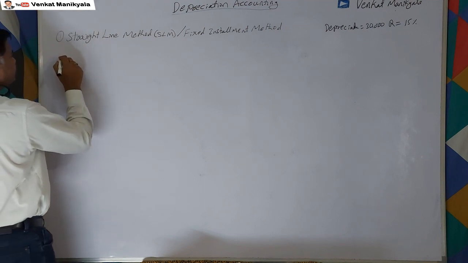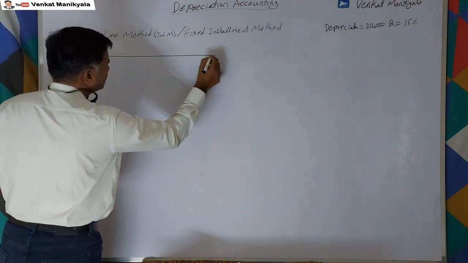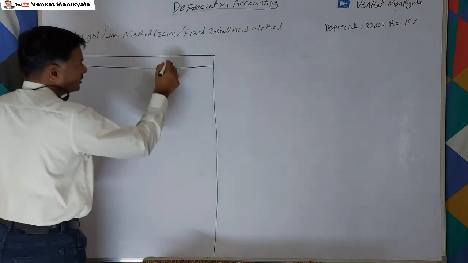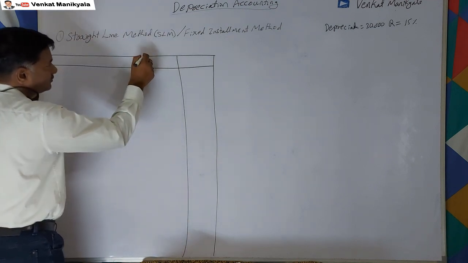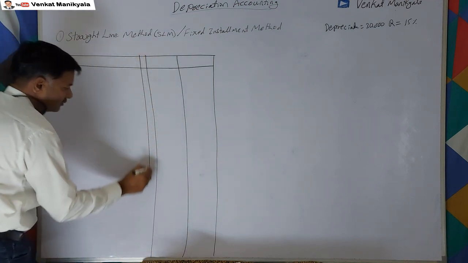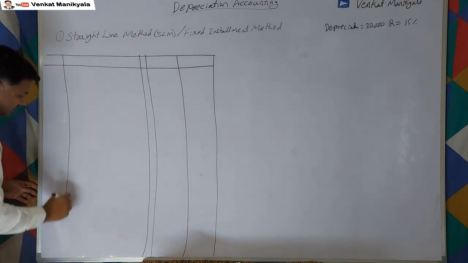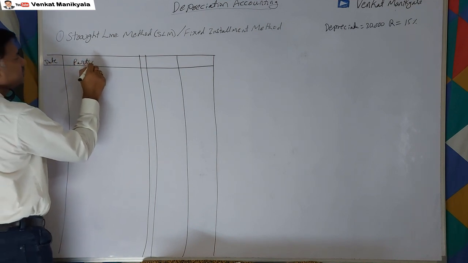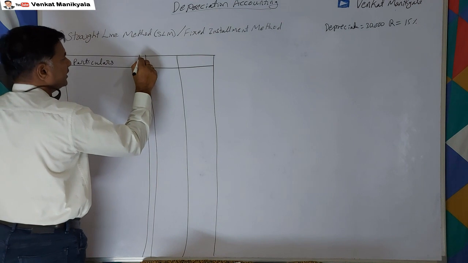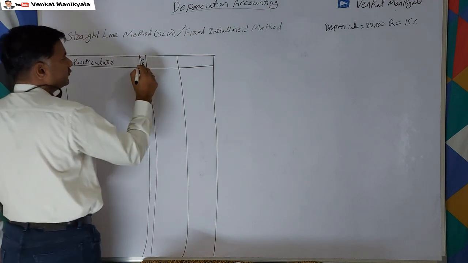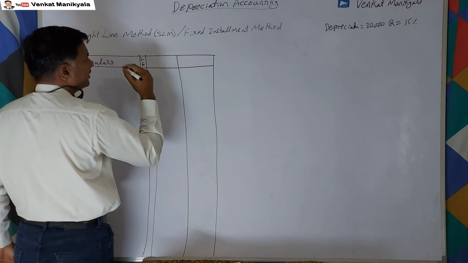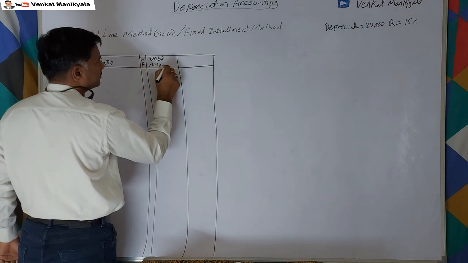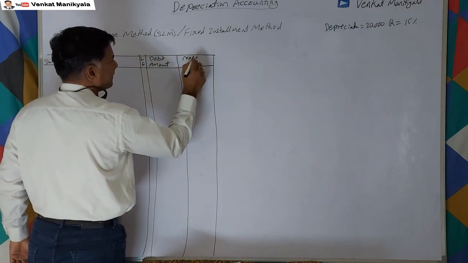The proforma for this will be the same as for regular journal entries, right? Whatever proforma we use for regular journal entries, here also we have to do the same thing. The first column is the date, then particulars, ledger folio, which means the page number of the ledger, debit amount, credit amount.